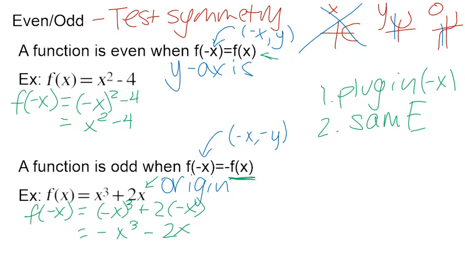I want the negative version of f of x. So if we have the exact opposite, then our function is odd, okay? So even, odd: if it's exact same when we plug in negative x, then we have an even function. If it's the exact opposite, then it's odd.